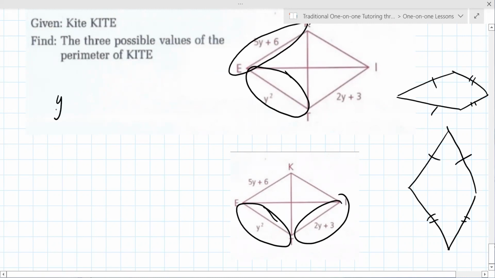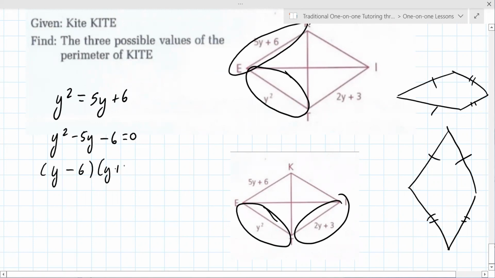So you set y squared equal to 5y plus 6. And you solve that by subtracting everything to one side. So you get y squared minus 5y minus 6 equals 0. And then you get y minus 6, y plus 1 equals 0.